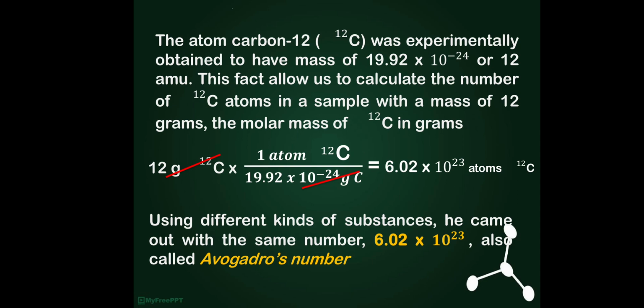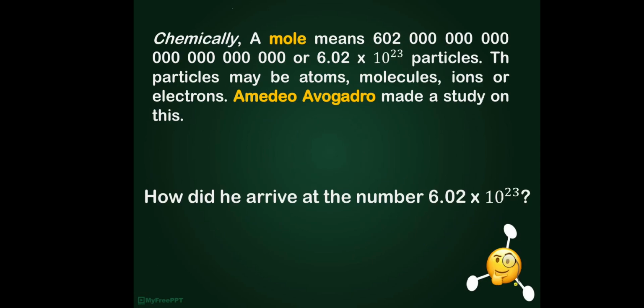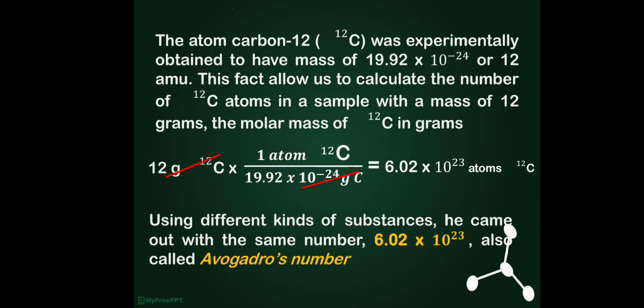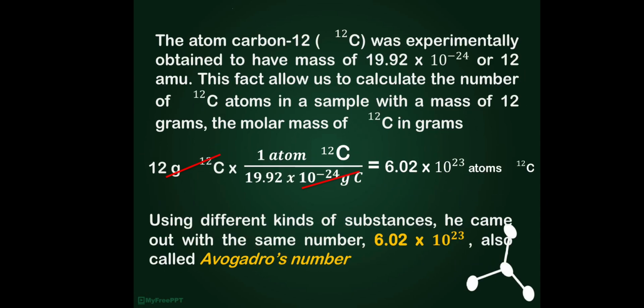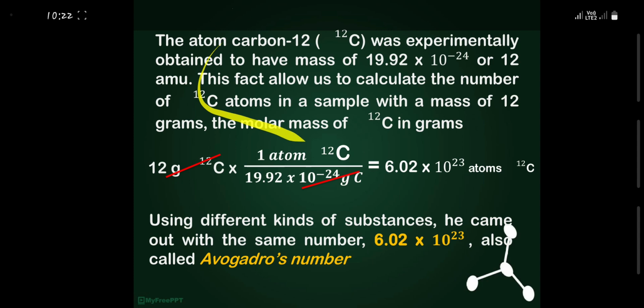Let me rephrase what I said a while ago, because this problem is answerable by the question, how did he arrive at a certain phenomenon like 6.02 times 10 to the power of 23? So this is the calculation on how Mr. Amedeo got this one.